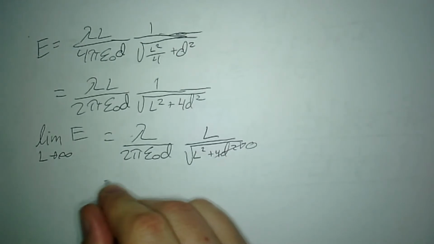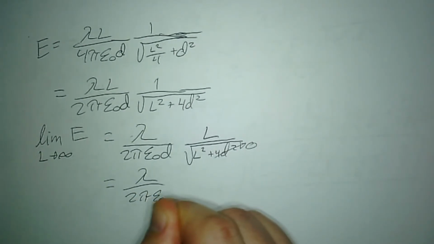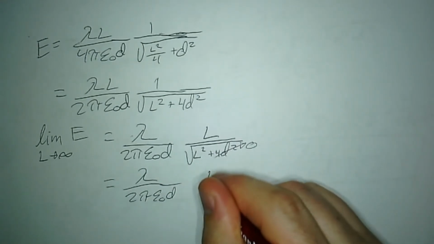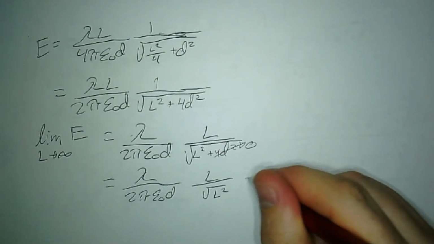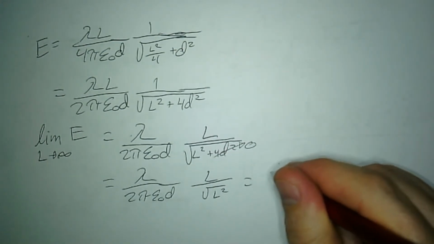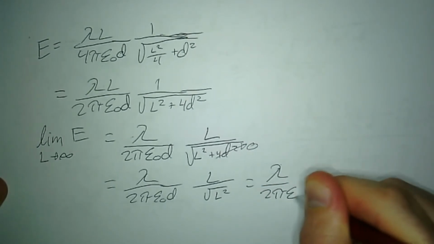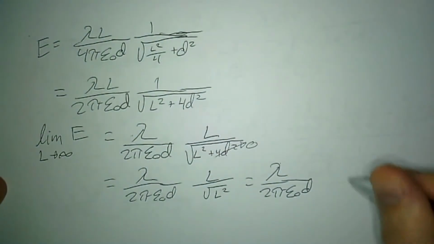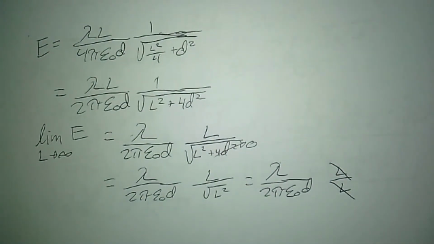So what I want to do then is take this first term, leave this the same, and then I'm going to get L over the square root of L squared, which is just going to be lambda over 2 pi epsilon naught d times L over L, which those guys both cancel, and that goes to 1.